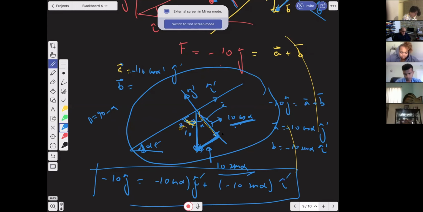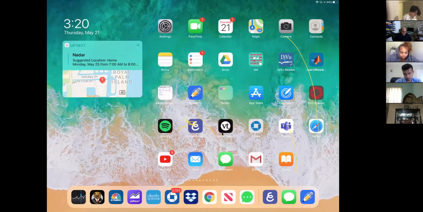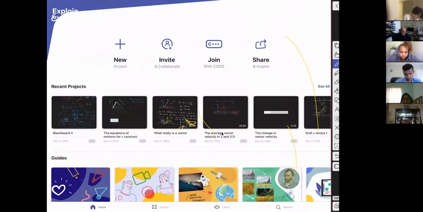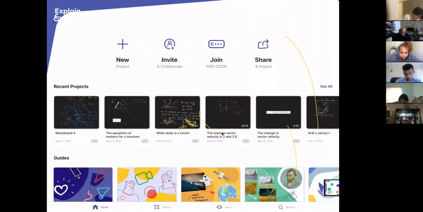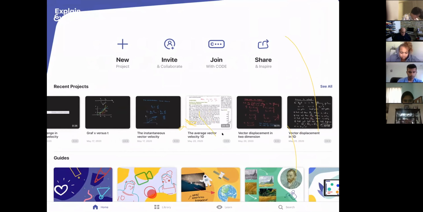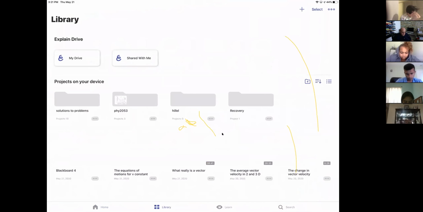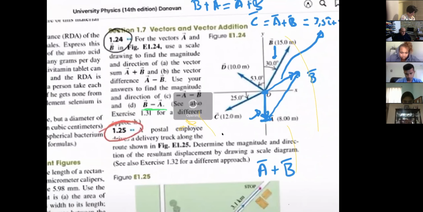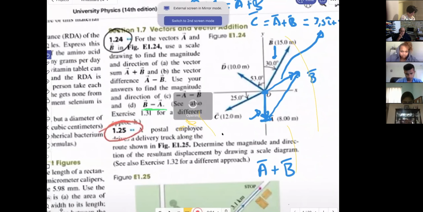I mean, from the textbook, I copied some problems that I think were interesting. Let me see if I can find a problem here. For example, this kind of problem, did you do it?